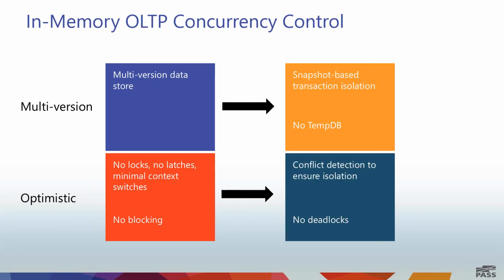So for these rare cases where you do have conflicts between concurrent transactions, let's say someone does try to deposit two amounts to the same bank account at the same time, we detect conflicts when they occur.